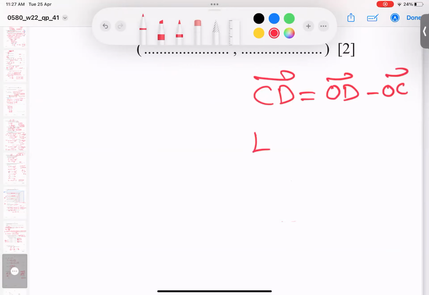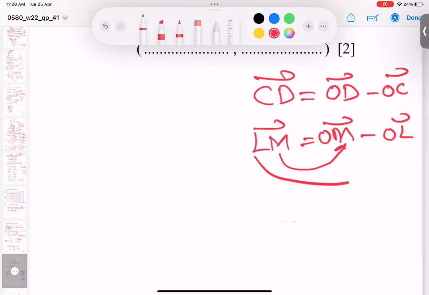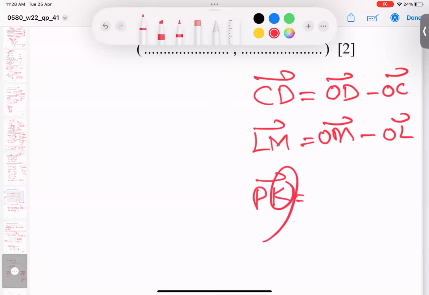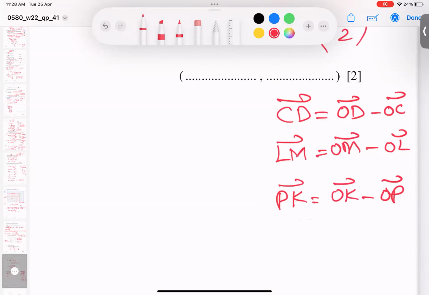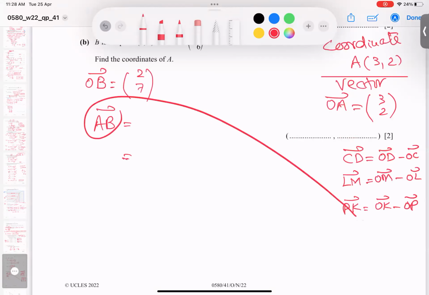For example, LM vector, finishing at M, so OM minus OL. This letter comes before, this letter goes later. For example, PK vector, ending at K, so we write OK vector minus OP vector. I hope it's clear. The same criteria I'm applying here.